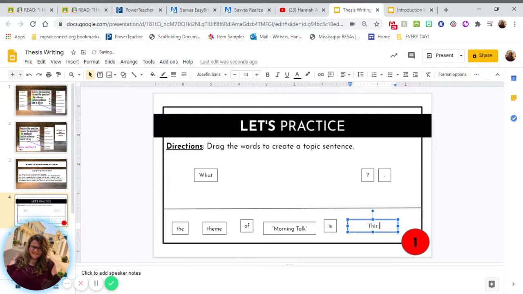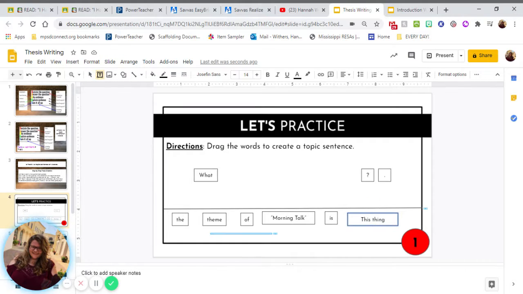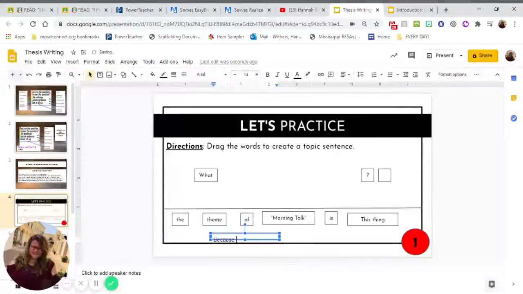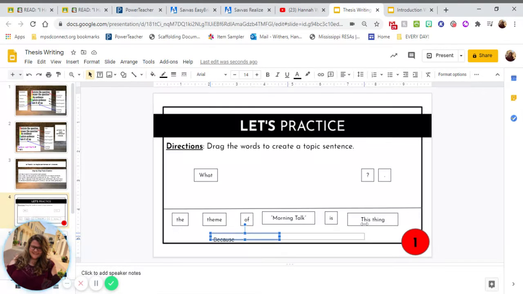We don't got time to wait for Miss Withers to try to think, right? And this is kind of a weird one to turn into a thesis, right? Well, we're just using this silly question. It was not designed for a whole essay. You couldn't really write an essay about what is the theme of a text. But in order to make this into a thesis, we could say the theme of morning talk is this thing or this reason because, which I do not recommend using because.